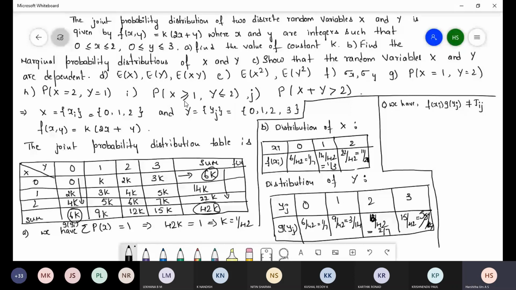But when it is in the j11, we have 0. So 1 by 7 into 1 by 7 is not equal to 0.